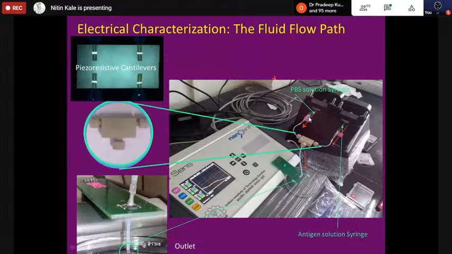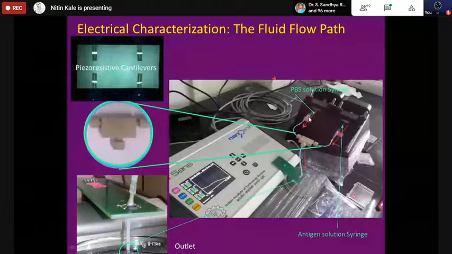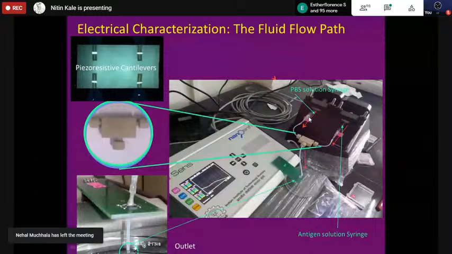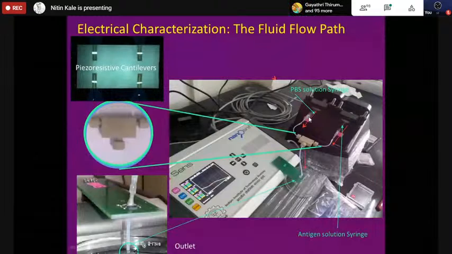This we know is the cantilever die. This cantilever die is attached on a PCB. Then you do what is called wire bonding from the die to the PCB. On this side of the PCB, you have the connectors. Okay, so this forms the electrical device.